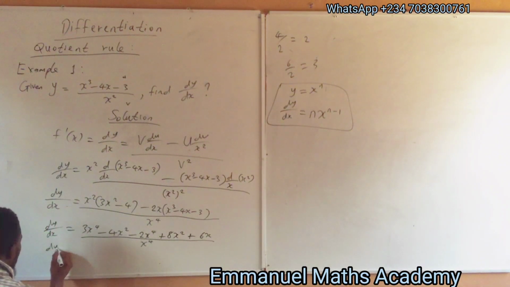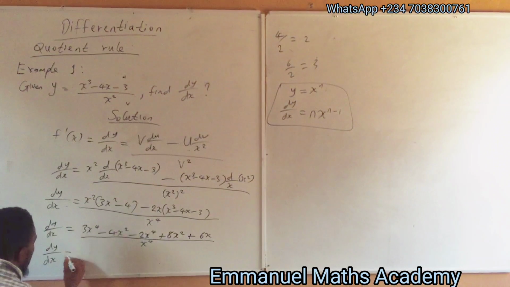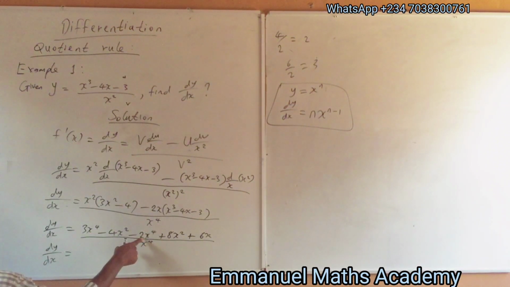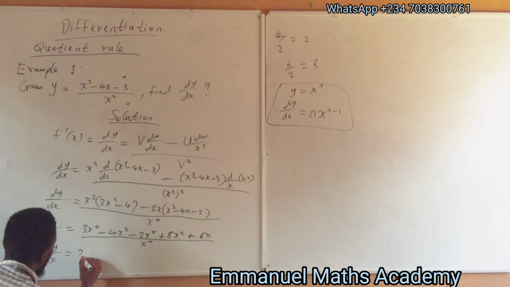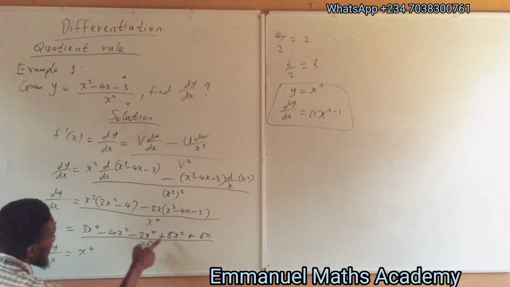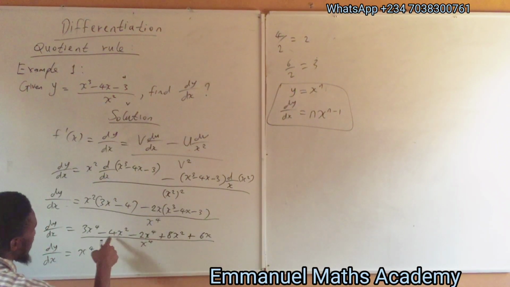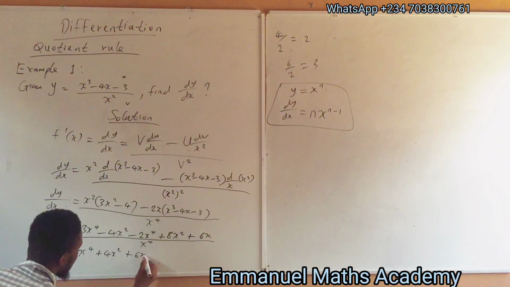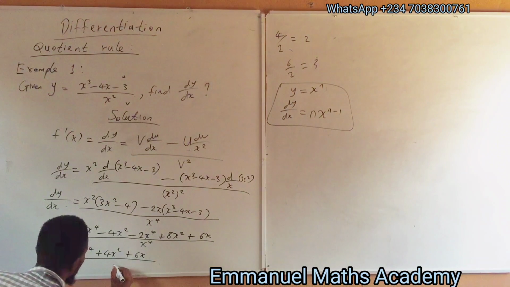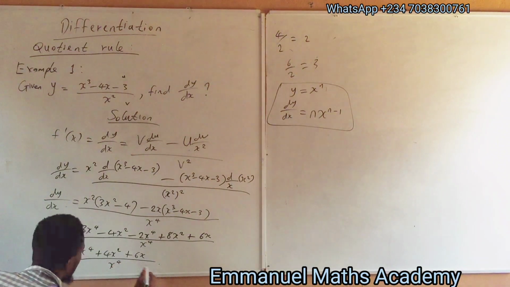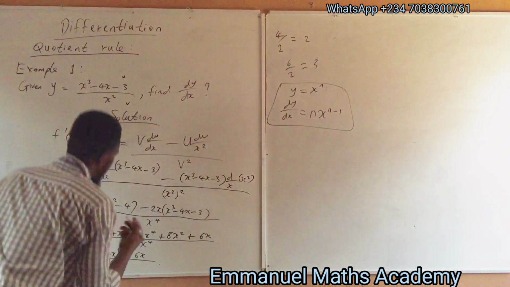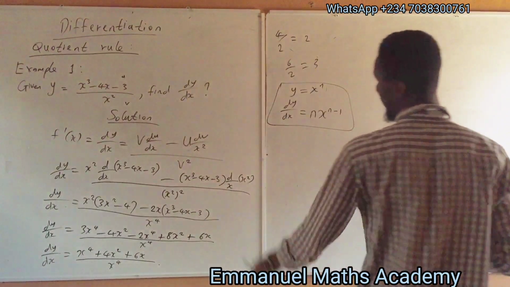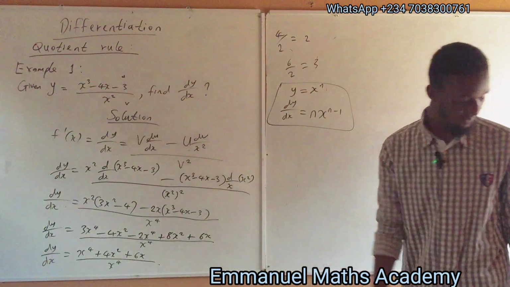Then you have your dy dx is equal to x raised to power 4 minus 2x raised to the power 4, we have minus x raised to the power 4. x raised to the power 2 minus 4x raised to the power 2, we have minus 4x raised to the power 2, plus 6x all over what? x raised to the power 4. Now, this is your dy dx. Is that correct? This is your dy dx, the first derivative.